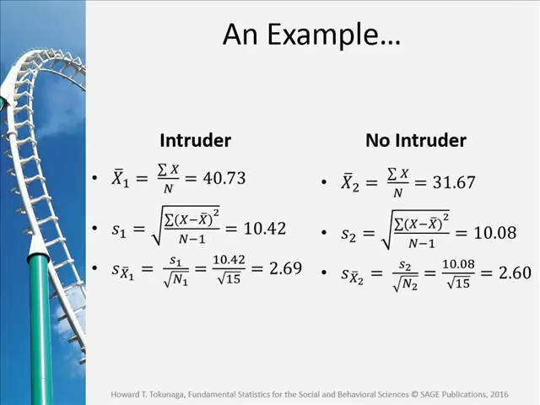All right. So our data from this example, if you have a true intruder behind you, it took you 41 seconds to get out of your spot. With no intruder, it took you 32 seconds to get out of that spot. Right?